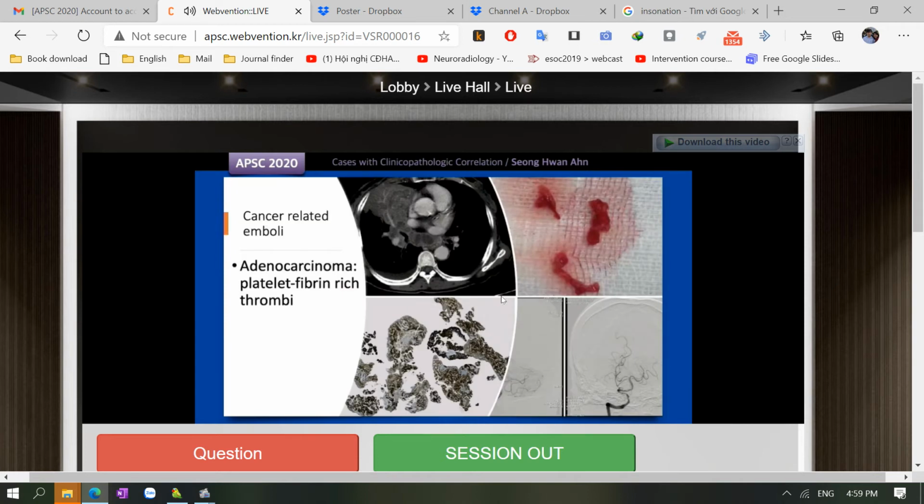In our country, cancer is a top cause of death. According to the increased number of cancer patients, now 10% of stroke patients have cancer. This picture is from a lung analysis.